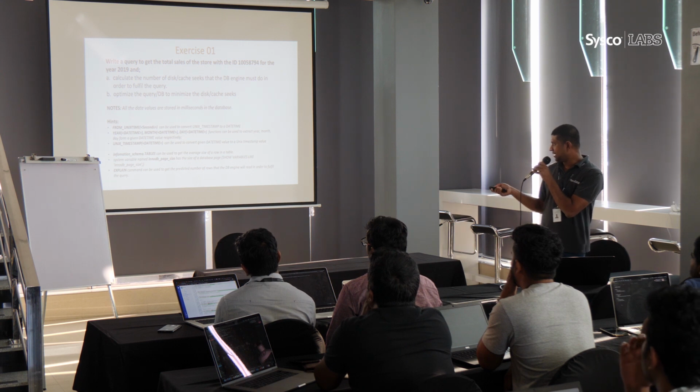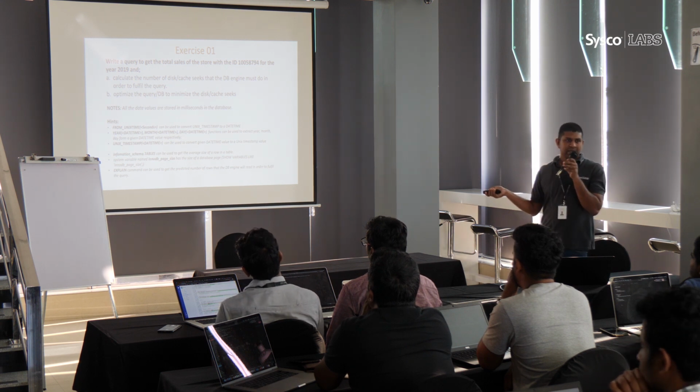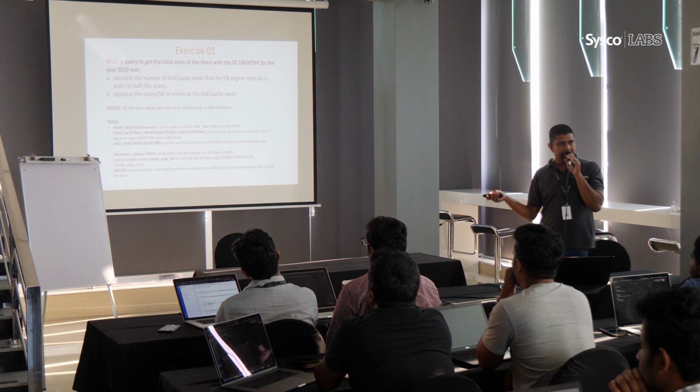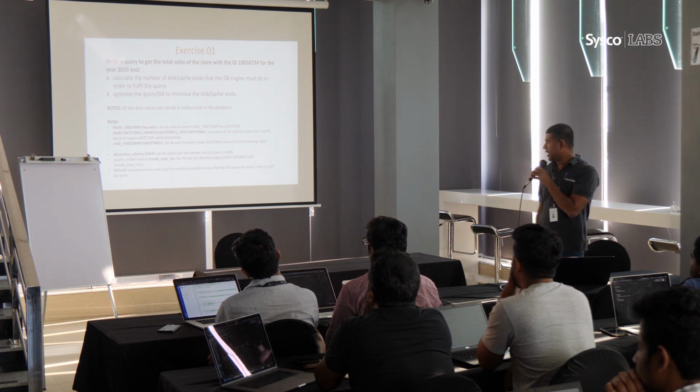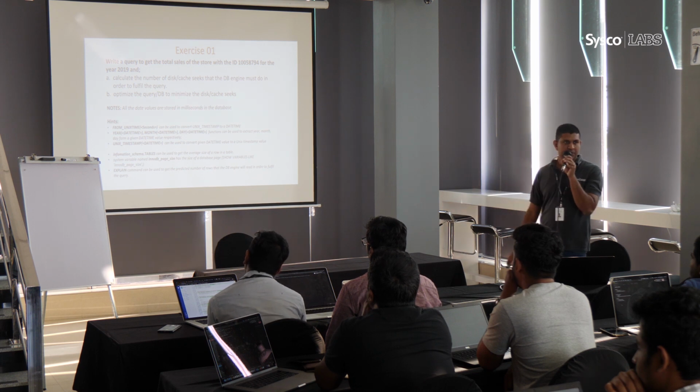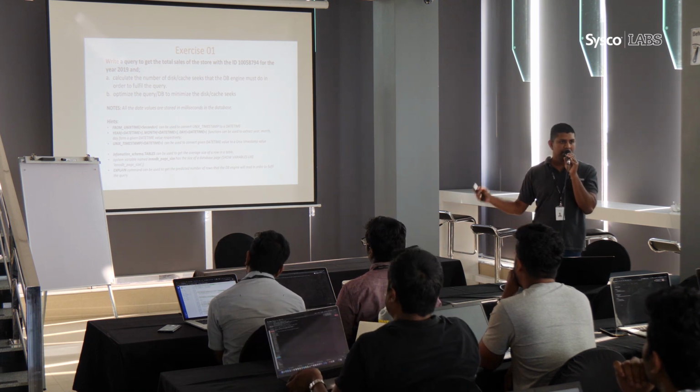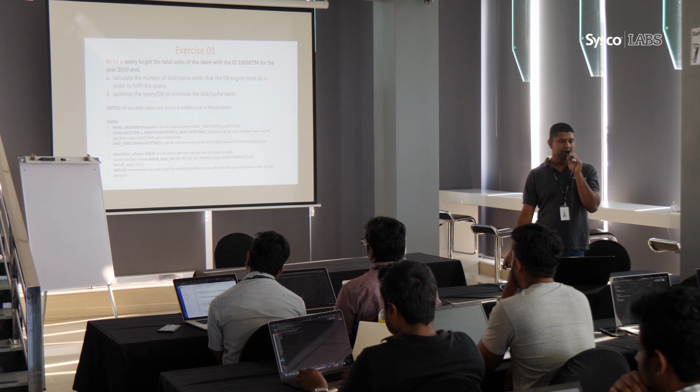There are hints. The first thing is that the timestamps are stored as timestamp or Unix time, and there are a couple of functions that you can use to help with this, right?